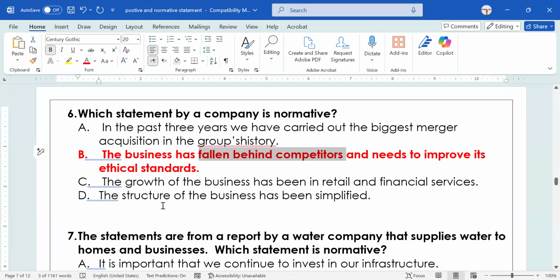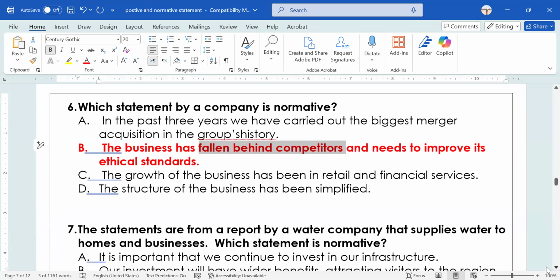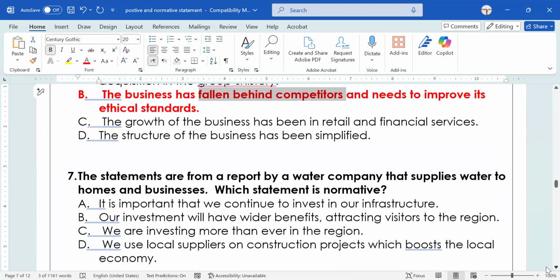The structure of the business has been made simple, so you can confirm it by looking at the company statements or documents. So therefore, A, C, and D are positive statements because you will easily get evidence, rather than letter B.